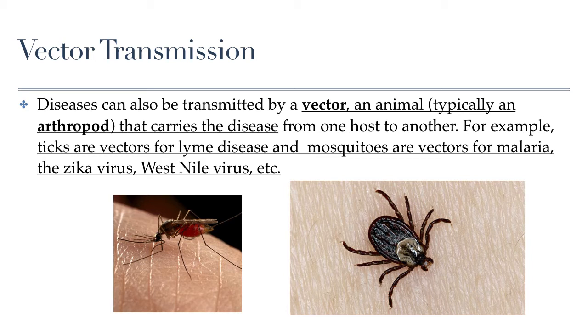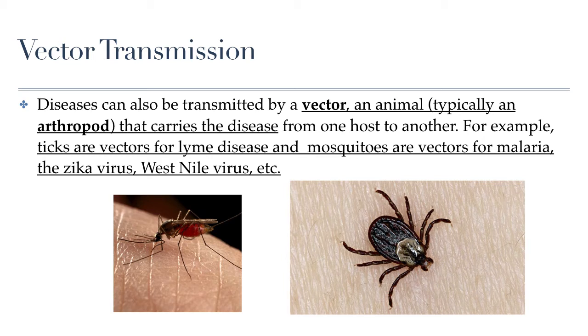Similarly, you have mosquitoes. Mosquitoes are vectors for a variety of different diseases. Most well known is malaria, but there's also the Zika virus that caused a lot of panic a few years ago. Usually, West Nile virus is one disease that we see more here in northern areas that is transmitted by mosquitoes.